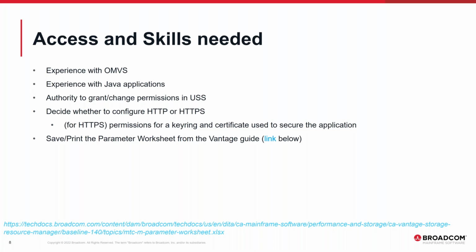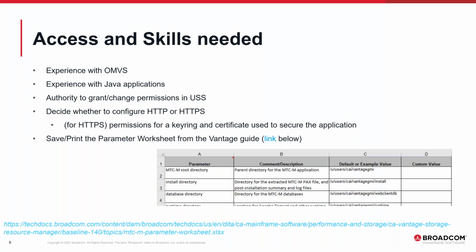And then lastly, there's a lot of information that I've mentioned that you probably need to have. So what we've done in the Vantage guide recently, a few months back, is given you a link to an Excel document. And I've shown it here, just a cut of it. We've put the parameter name, a description of it.